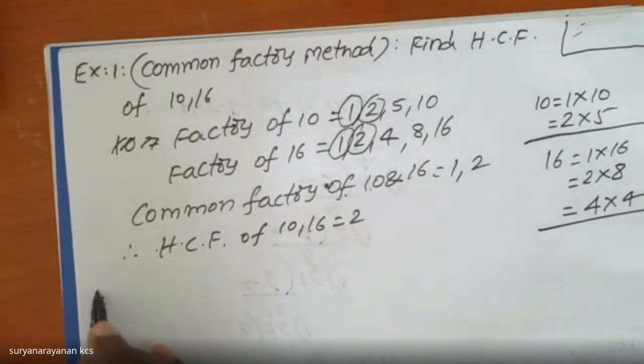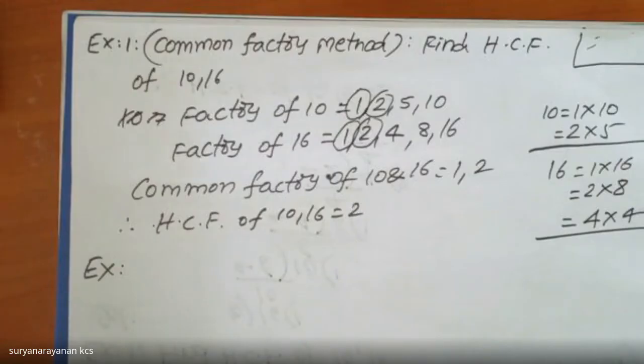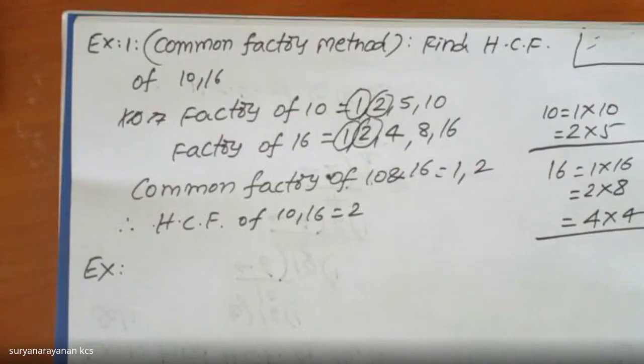What will we do if the HCF we have to find is for numbers like 2, 4, 6 and 2, 5, 7?